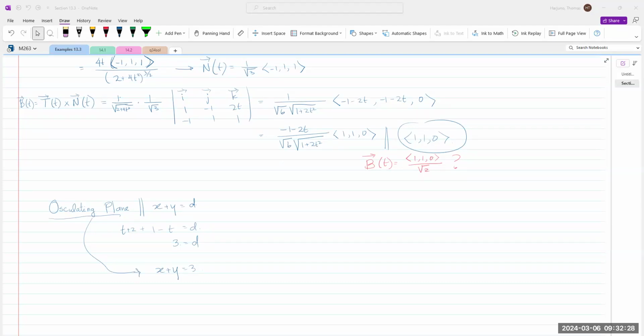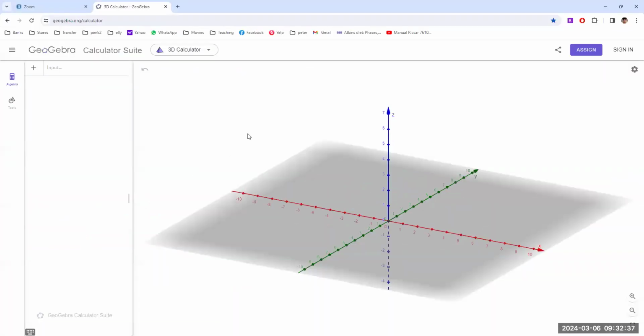Let's confirm that with GeoGebra. I have that here. I forgot how to do the r(t). In parentheses, t plus 2, comma, 1 minus t, comma, what is that?